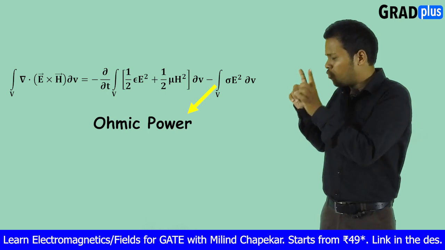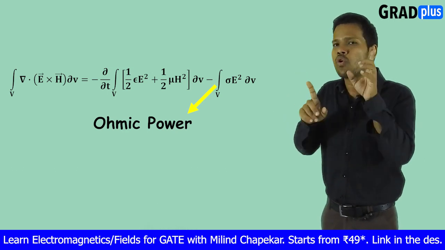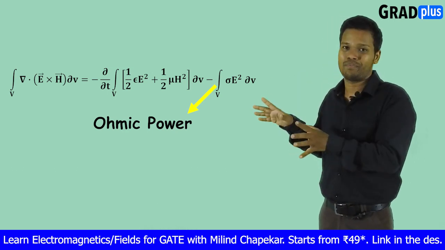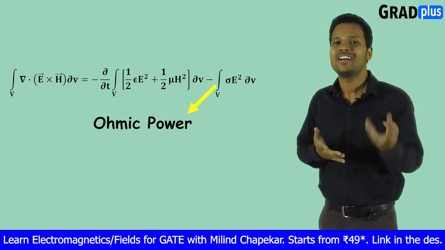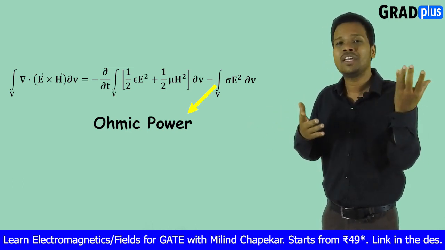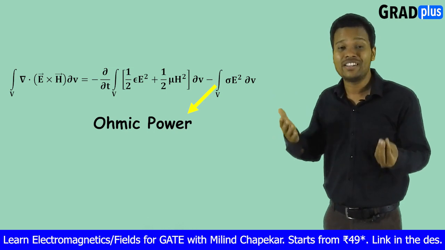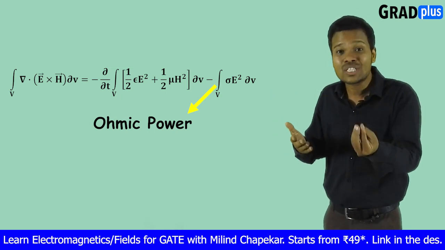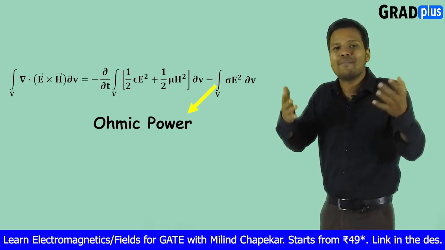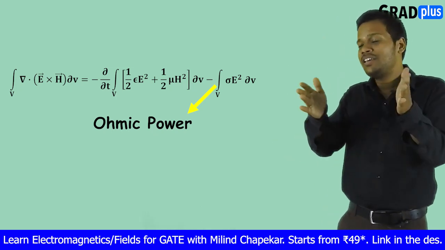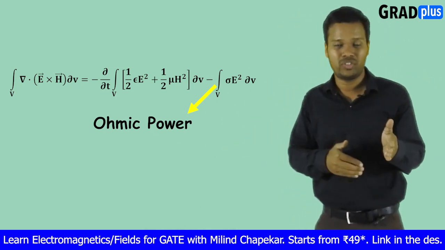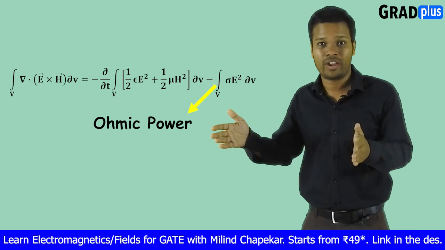Most students don't get confused with the first term. You know that in electrostatics the electric energy density is half epsilon E square, and in magnetostatics the magnetic energy density is half mu H square.